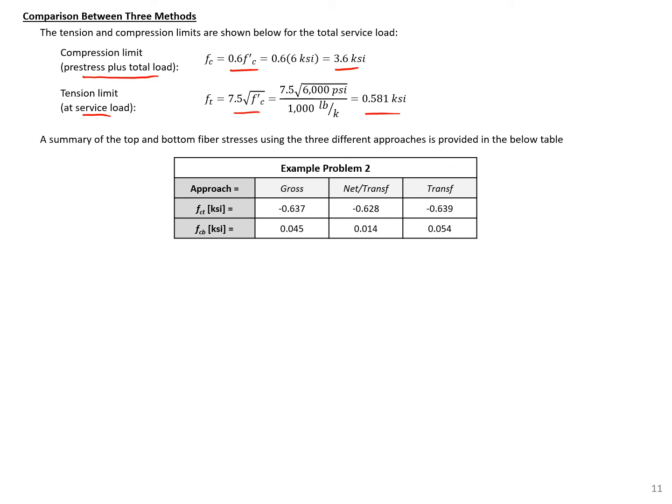And then we can see a summary of a comparison between the stresses calculated using our three different methods. We can see that our compression stress is a little smaller if we use net transformed section, and our tension stress is also a little smaller. The gross and transformed section in this case have very similar stresses.